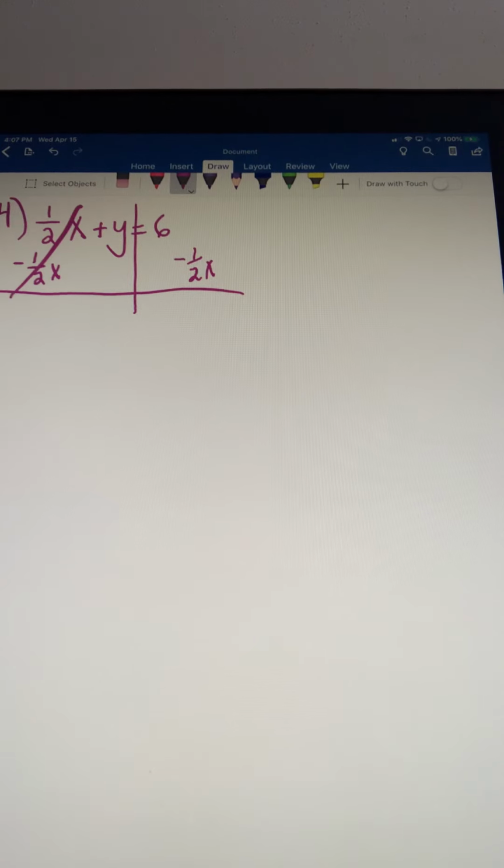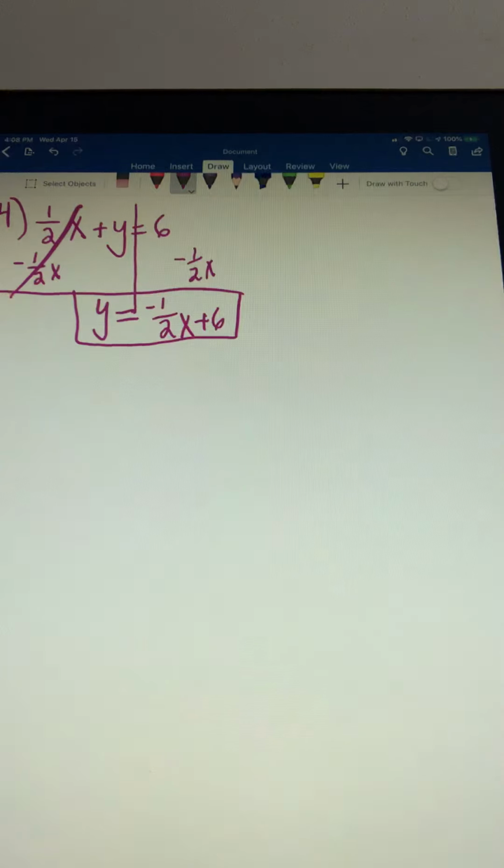That means the x's cancel from the left. We have y equals negative 1/2 x plus 6. That's the equation of a line. Negative 1/2 x plus 6.